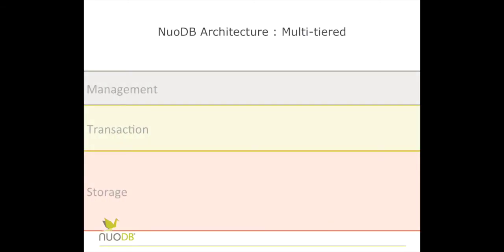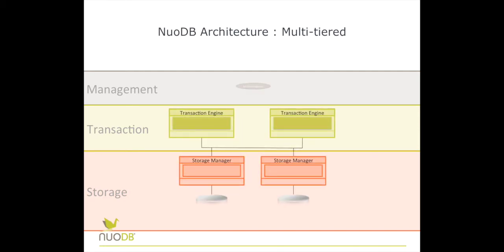So how does it work? A multi-tier architecture, the management layer of what we call the brokers and the agents, which do the handshake to make sure that every node in every data center knows where it is and where it sits in the environment. Under that, we have first the transaction layer and the storage manager.